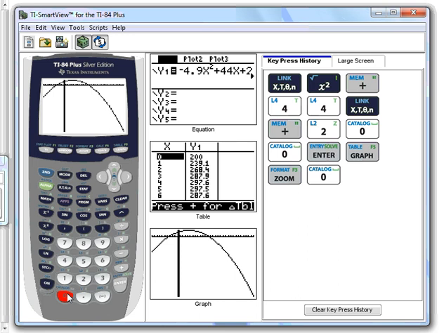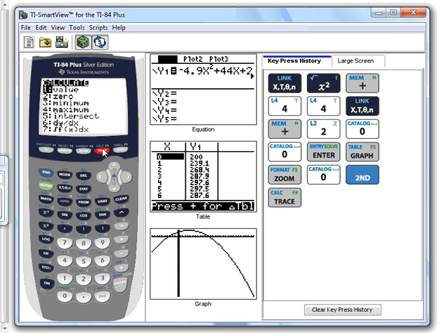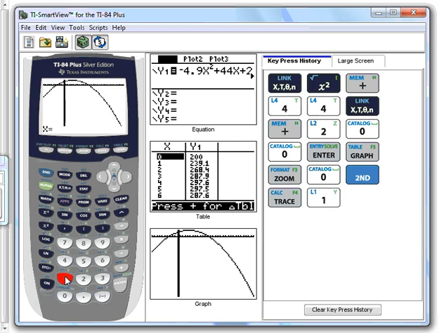Go to right above the trace button, there's a calculate. So you go second, calculate, and we want value, the very first one there. So hit 1. And now see how an x equals pops up on your screen? It has an x equals and a blinky thing. Well, didn't it just tell us what x was in part B?